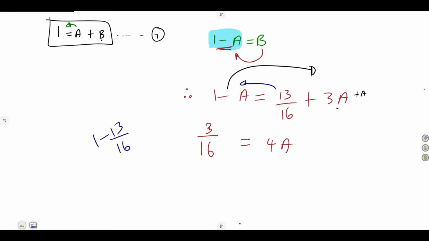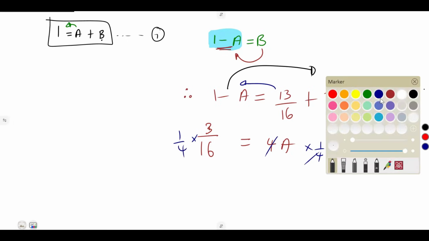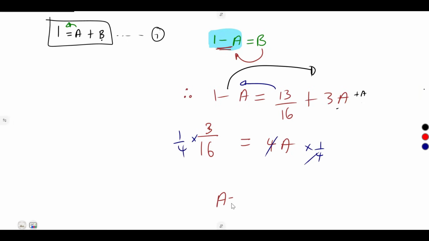With this, we can solve for a, divide by 4, or simply multiply by 1 over 4. 1 over 4, so this can cancel. So our a is equal to what? 1 over 4 times this, or dividing by 4, it is going to give us 3 over 64. So this is our a, which we can substitute in any of the equations.